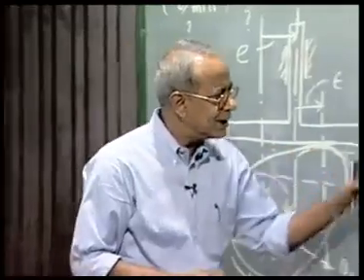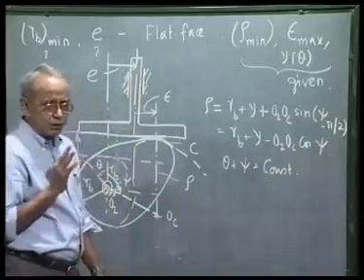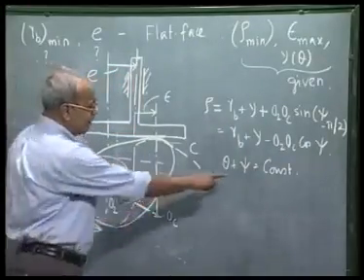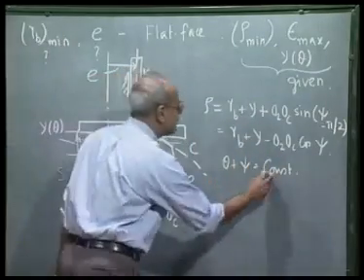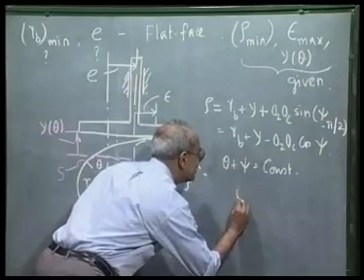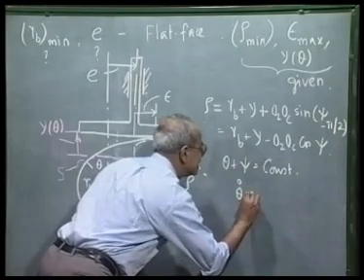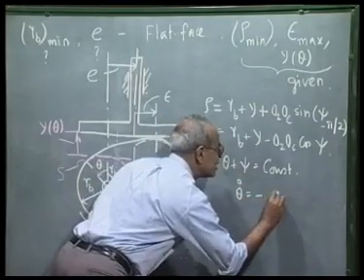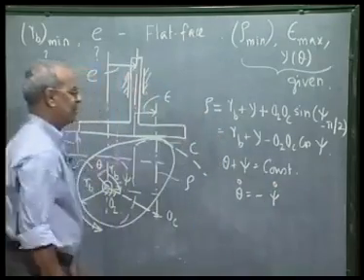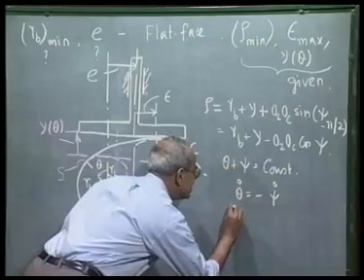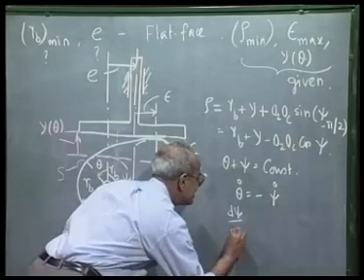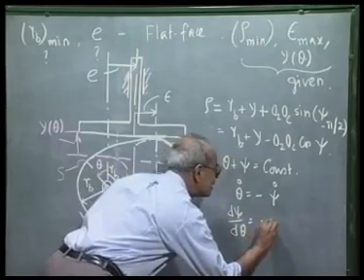So I can differentiate these expressions once and twice, holding this as constant, and rho and O2OC as constant. This gives me d theta/dt is nothing but minus psi dot, or I can write d psi/d theta as minus 1.